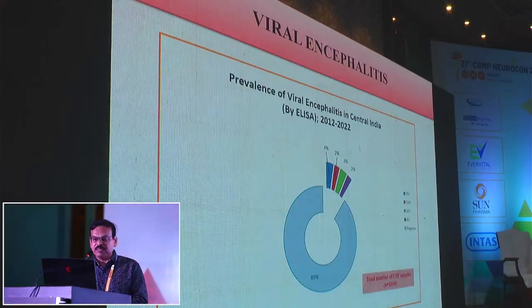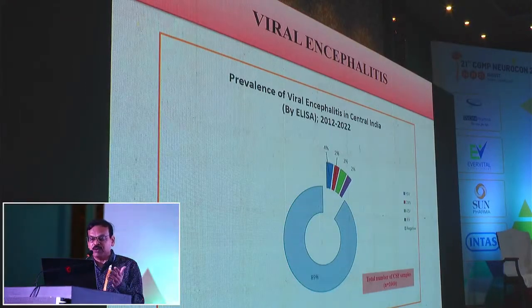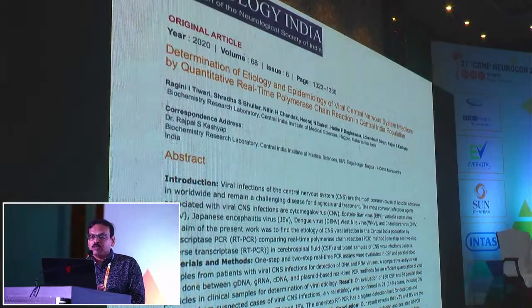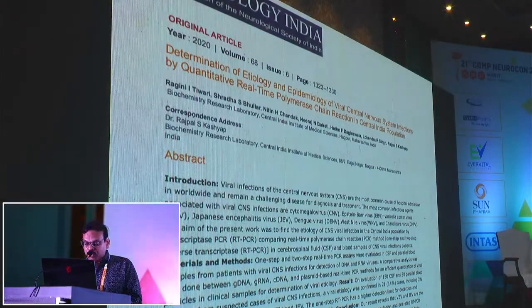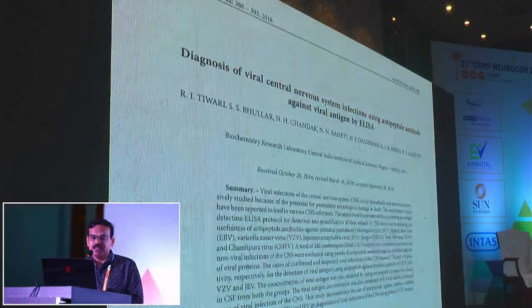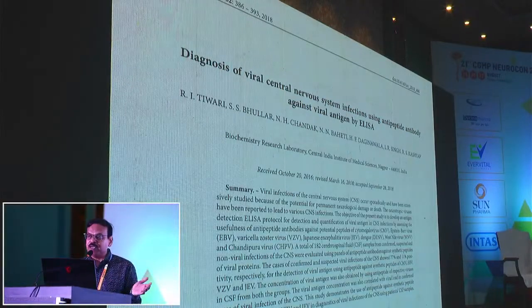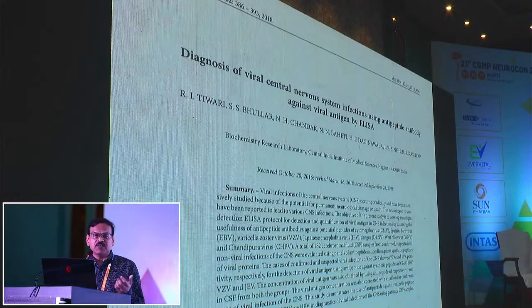This was the ELISA test which we developed to look for viral encephalitis. This was a paper which we wrote on epidemiology of viral infection in our region with PCR. Then we also developed antipeptide antibody against viral antigen.